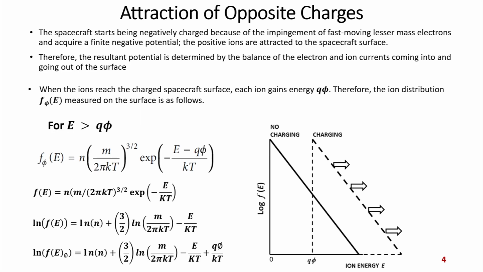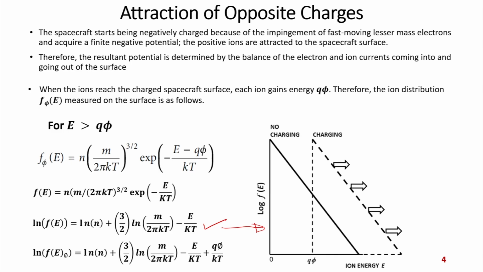This part represents the distribution, but here we have taken the logarithm of the distribution function. Now it has become the equation of a straight line, which is given by this. This represents the energy distribution when there is no charging.